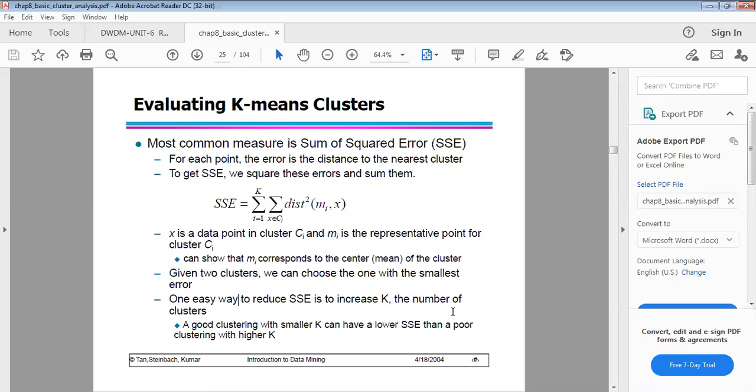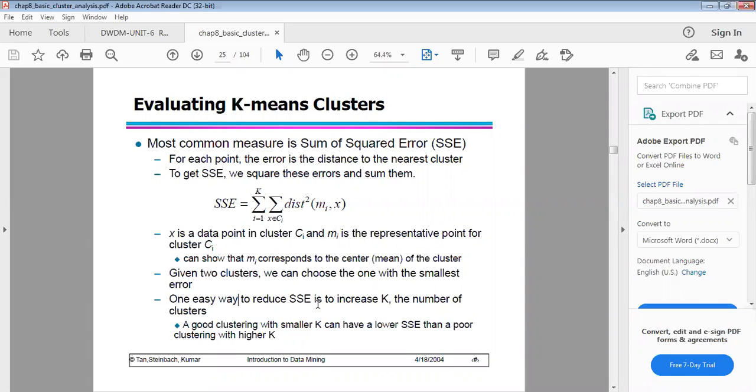SSE equals the summation from i equal to 1 to K, over x belonging to C of i, of distance squared m of i comma x. Here x is the data point in cluster C of i, and m of i is the representative point for the cluster C of i. We can show that m of i corresponds to the center of the cluster.